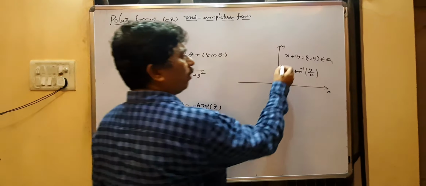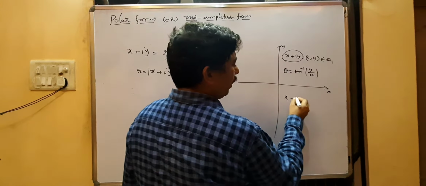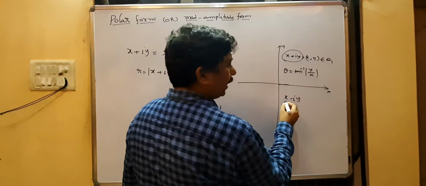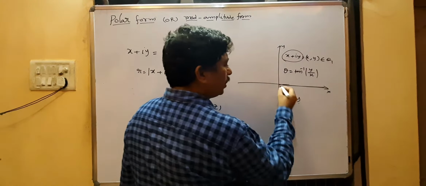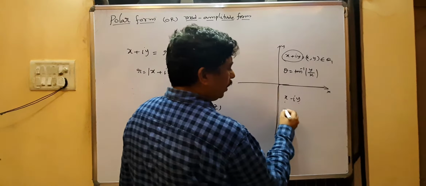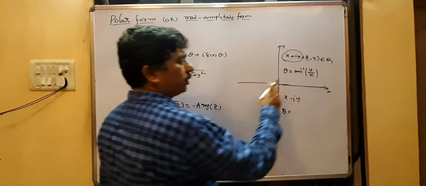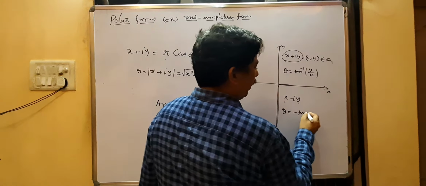The conjugate of x plus iy is x minus iy, with real part positive and imaginary part negative. Then the argument of z conjugate is minus argument of z, so this is minus tan inverse of mod y by x.